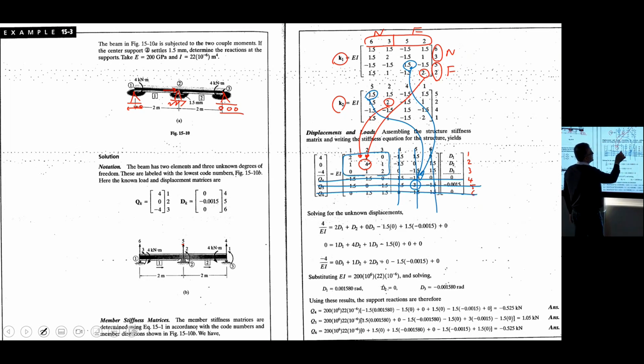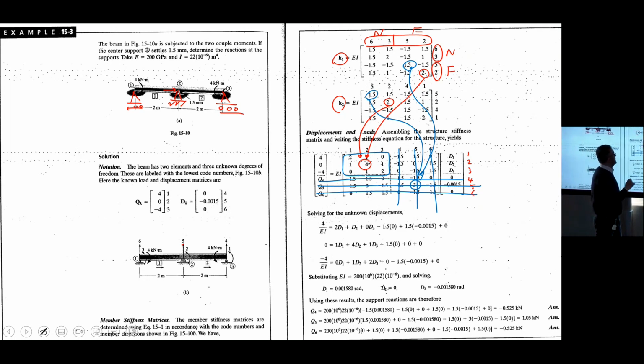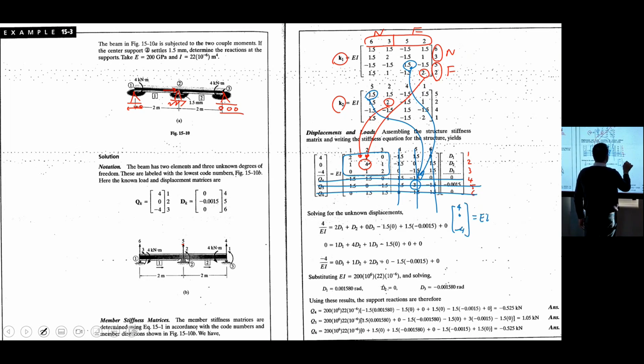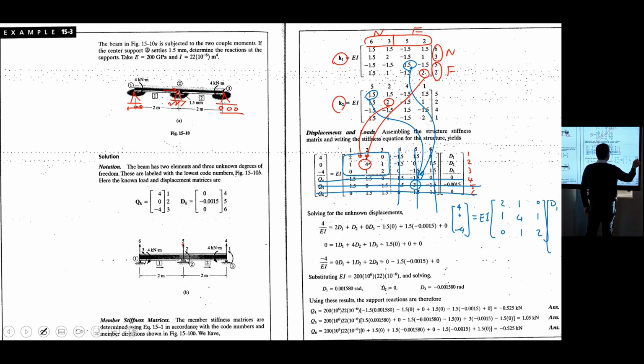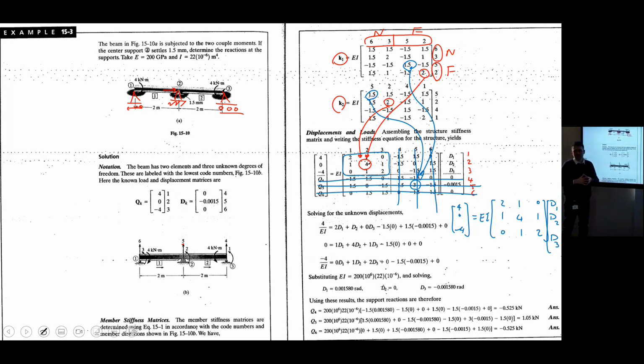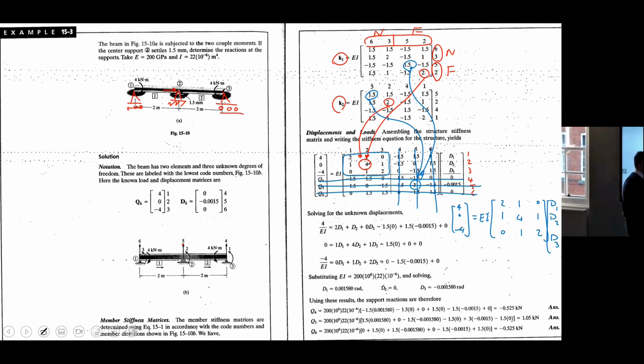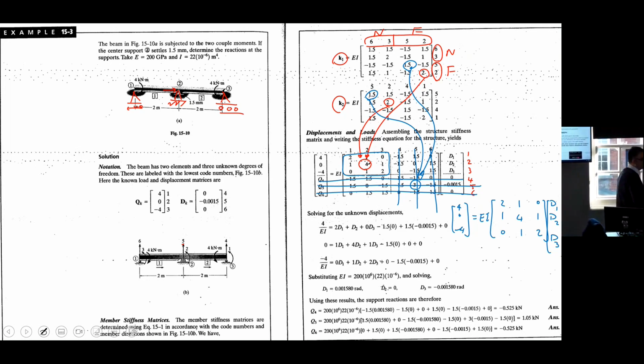What remains is a 3 by 3 matrix, EI times 4, 2, 0, 2, 4, 1, 0, 1, 2, multiplying D1, D2, D3. Only at this stage, only the unknown deformations stay in place. All the zero deformations will disappear.